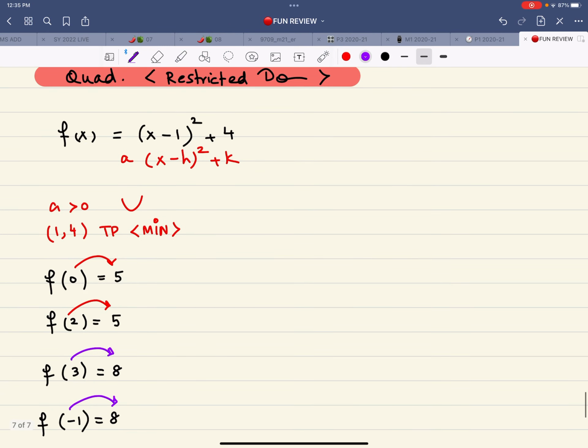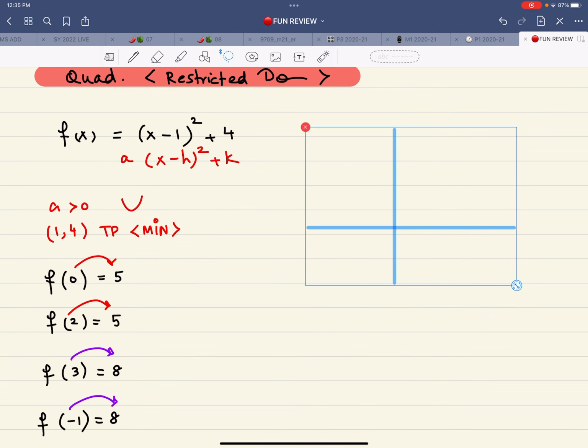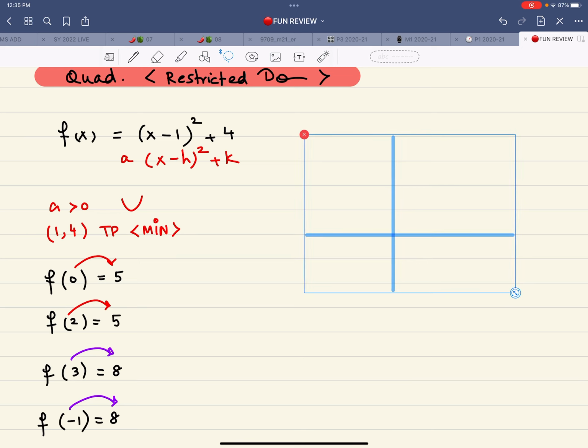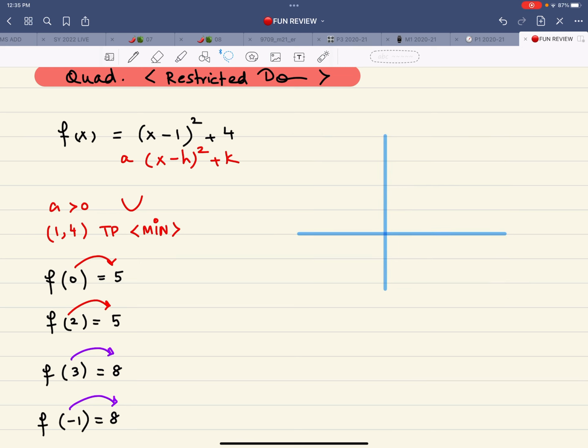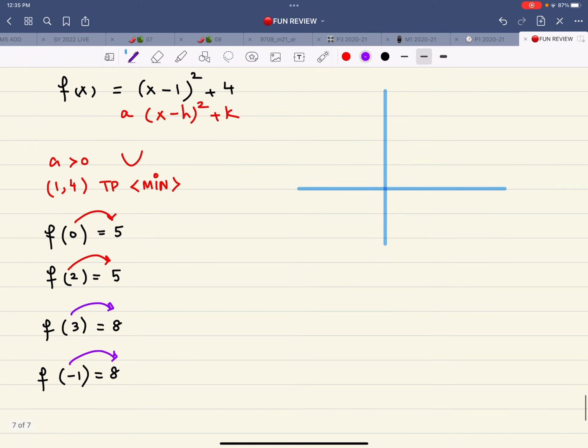Now, if I draw a graph, and this time, if I restrict the domain, x lies between 1 and 3. So we know that 1 is the x coordinate of turning point.